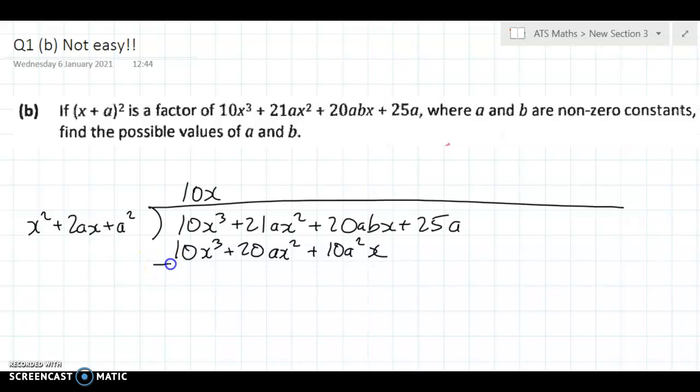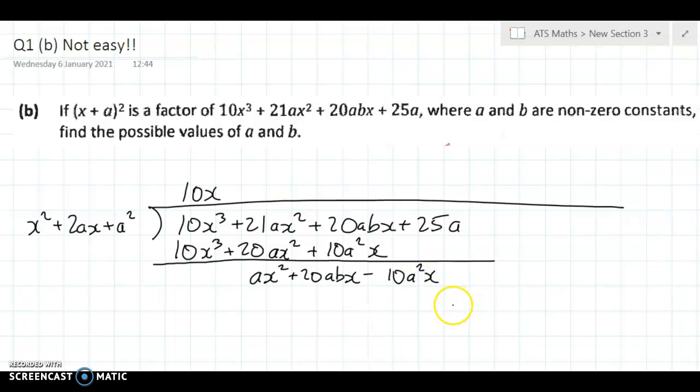And just like as if you were doing it without a's and b's, you'd subtract at this stage now. So these two cancel. Here your 21, take away the 20 gives us 1a squared x. And here we're going to have the plus 20abx minus the 10a squared x.